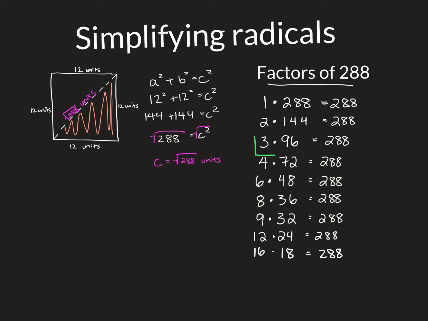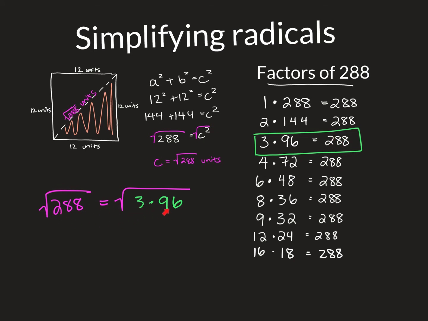If I were to use, let's say, 3 and 96, we're going to take our square root of 288 and split it up into different factors. So I split this up as 3 times 96, which I sure can do because 3 times 96 is 288, so I've just replaced things. This is a true statement.